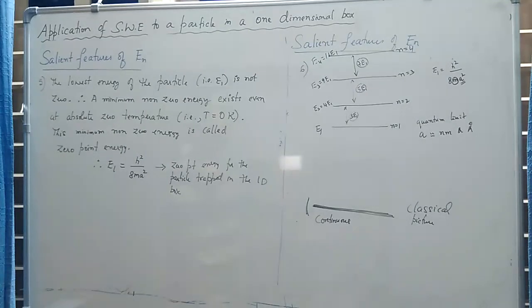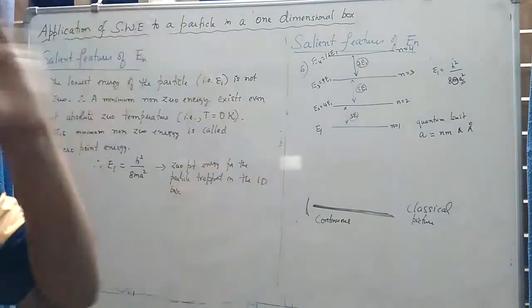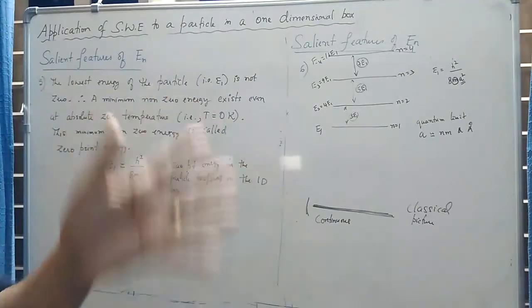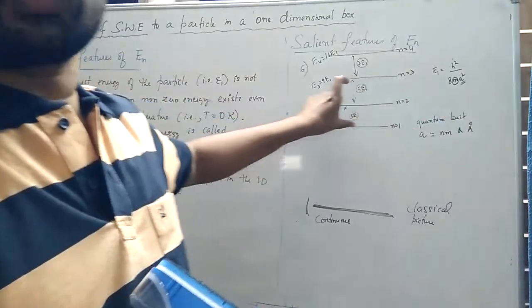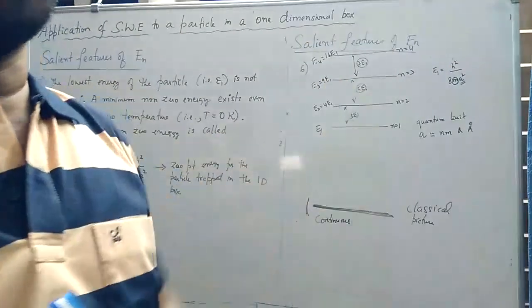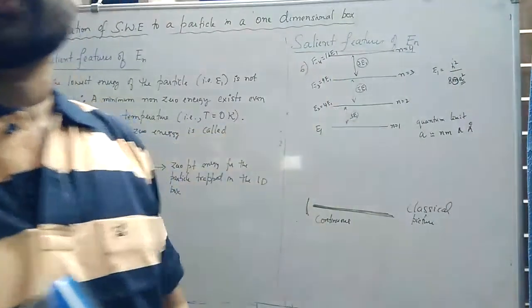If both mass and dimension are very very small, of the order of roughly 10 to the power minus 31 kg, that is that of an electron, and if A is of the order of nanometer or angstrom, this quantization becomes very very important. This spacing is very very large.